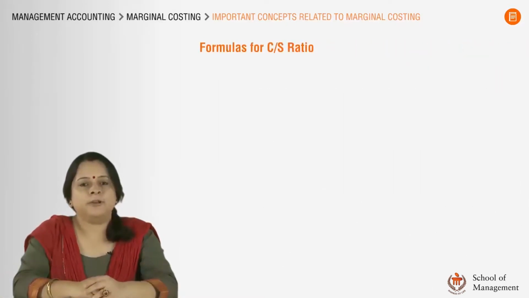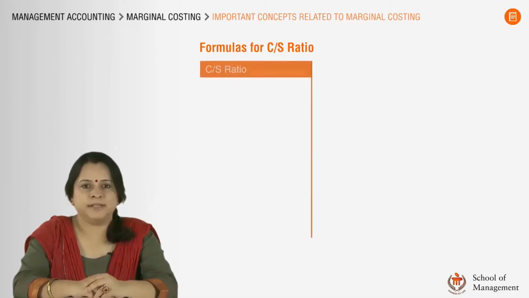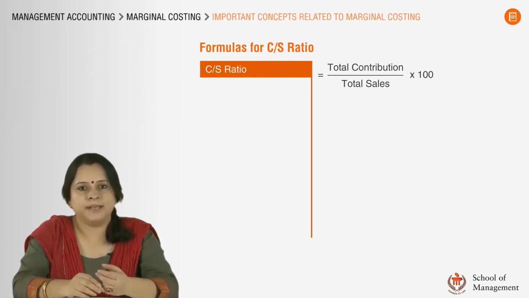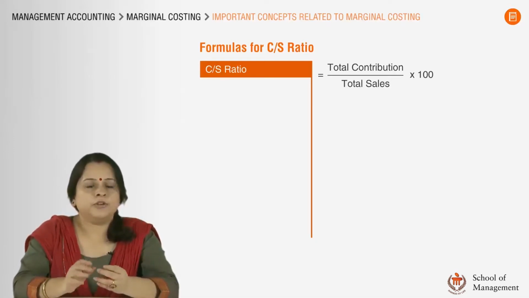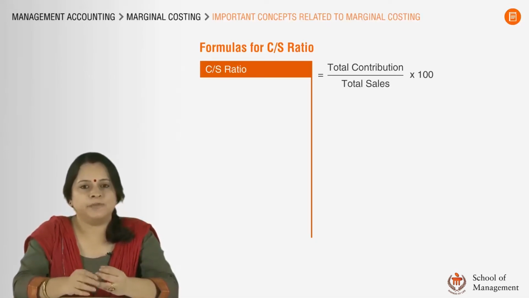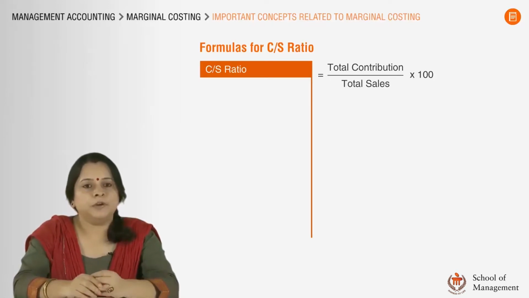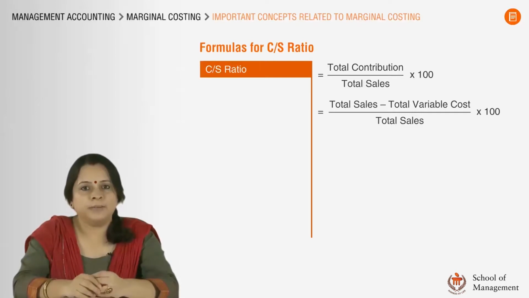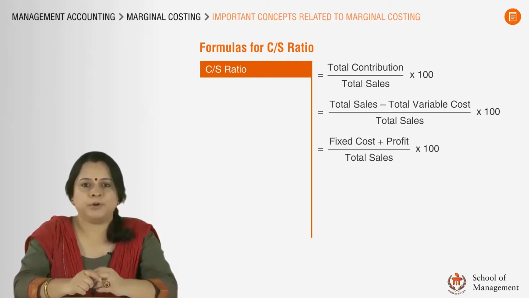There are several formulas that can be used to calculate CS ratio. The first formula is total contribution divided by sales into 100. Now, we know that contribution is equal to sales minus variable cost. So, the next formula is total sales minus variable cost divided by total sales multiplied by 100. We know that contribution is also equal to fixed cost plus profit.